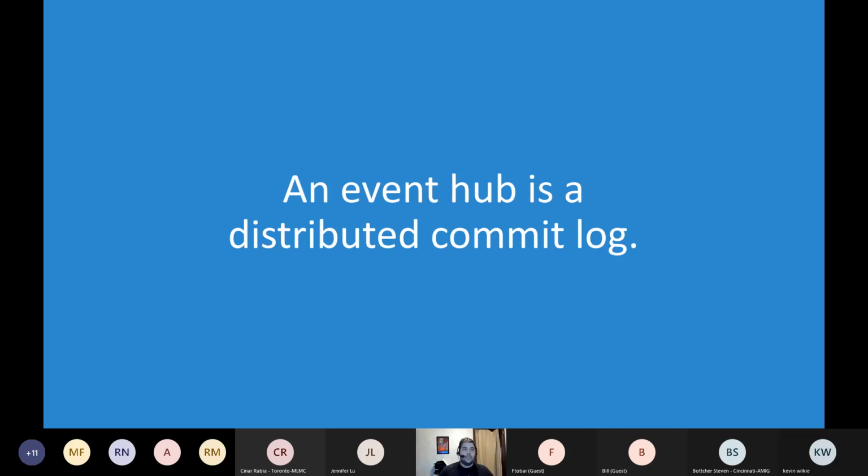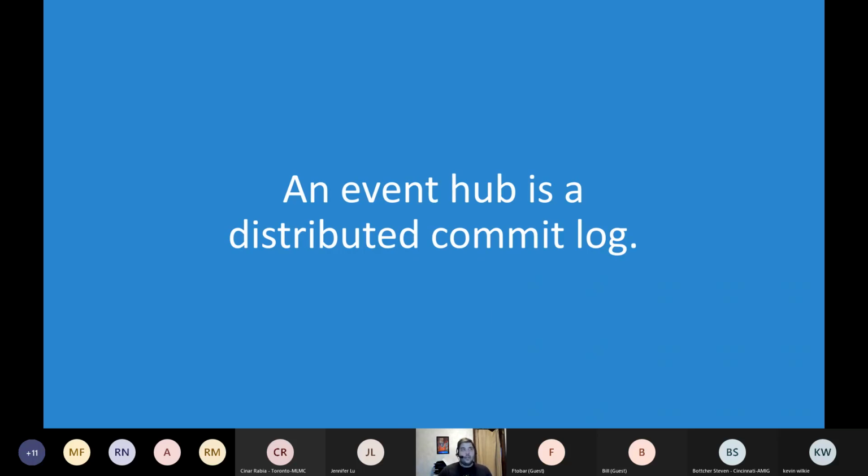And what that means is that it's using partitions so that there's no guarantee that your events are going to be in a specific order across all partitions. But instead, within a certain partition, there's a guarantee of an ordering, right? And so that's one way to think of it.